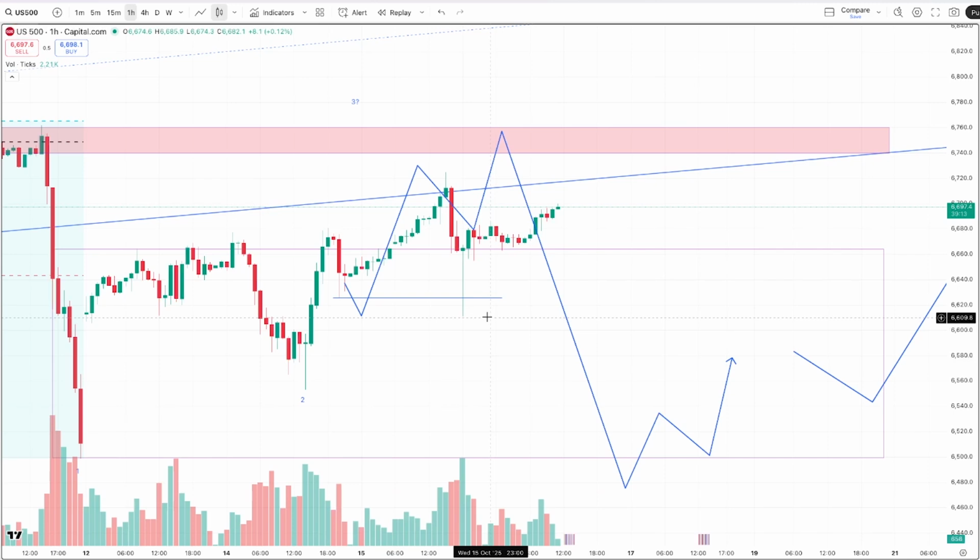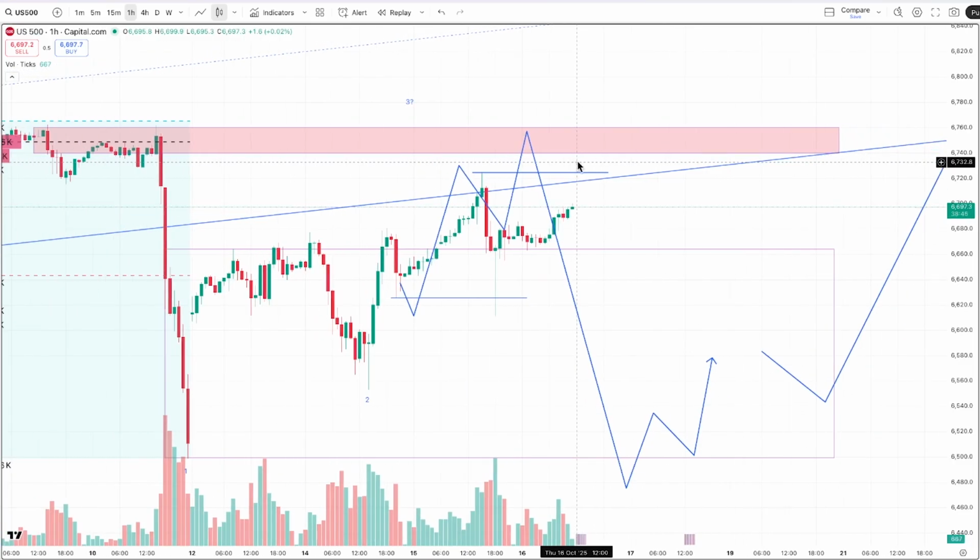So what I would expect from here, I have a trade opened actually from here, I'm expecting us to take the high of the decline, and then into the selling zone, and it depends on what happens in the selling zone.